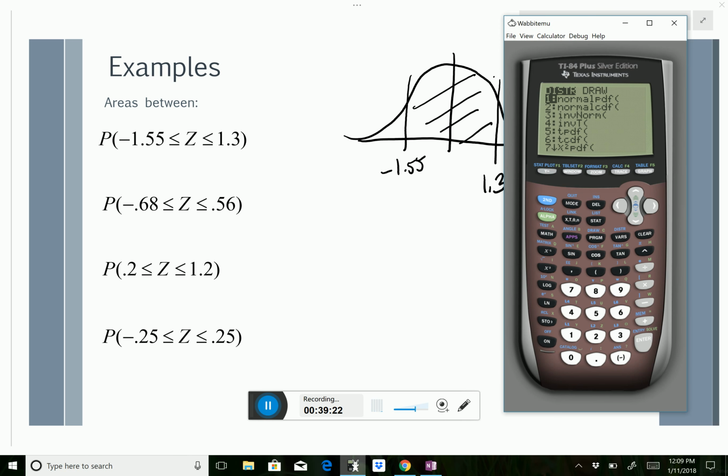So here, we literally just put in our first number, negative 1.55. And I also want to point out, I think you probably have this by now, but make sure when you say something's negative, you use this key down here and not the minus key. This is for subtracting, this one's for making something negative. And 1.3.